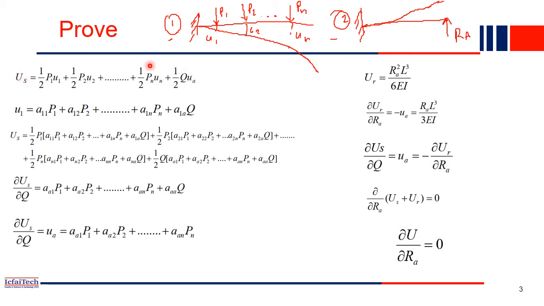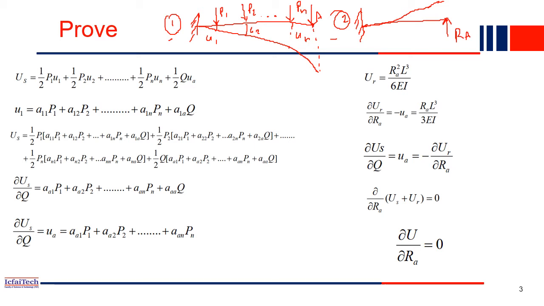So we have calculated the total strain energy because of all the loads P1, P2, P3, Pn. This is the total strain energy developed. As we are finding the displacement at this point A, our final tip, as per Castigliano's theorem, whatever the total strain energy is, we have to differentiate it with respect to the force acting at that point.